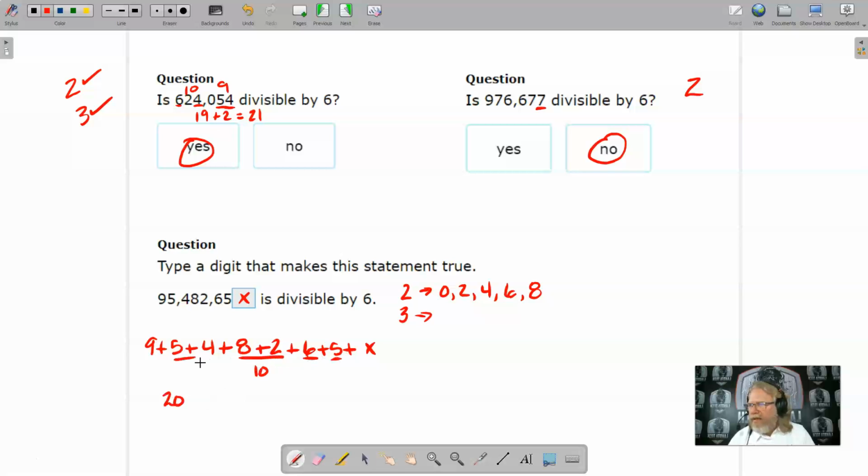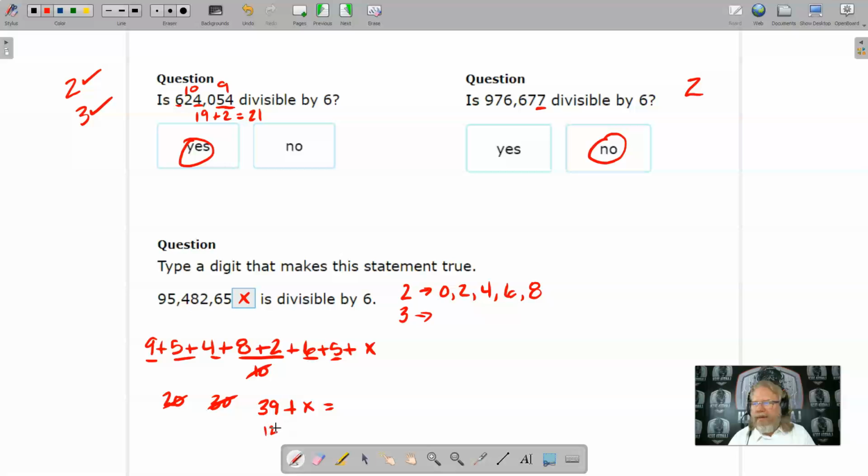And look, 6 and 4, that's another 10, so now I'm up to 30. The only thing I have left is the 9, so that's 39. So 39 plus x equals some number that's divisible by 3. So we're going to have to go up above 30. Well, get this: 39, 3 plus 9 is 12, right?